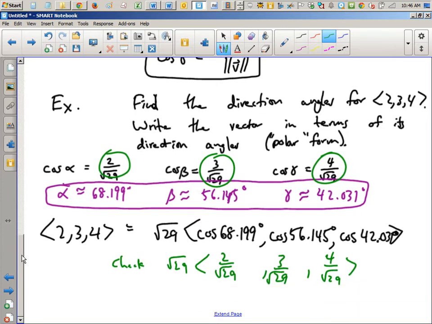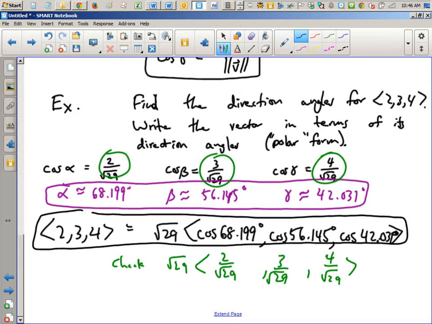Yeah, I mean, look at it. It's going to give you 2, 3, 4 if you distribute that, right? So we now have a way to program the missile launcher. We will tell the missile launcher not 2, 3, 4, but rather root 29, cos 68.199, cos 56.145, cos 42.031, and the missile will hit its asteroid.